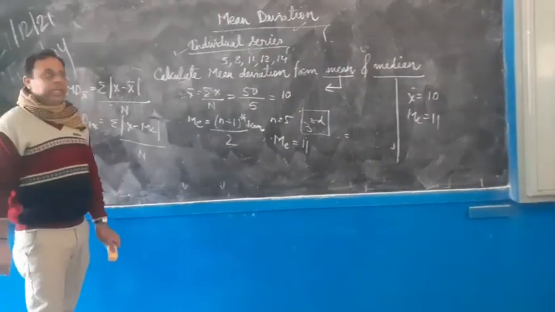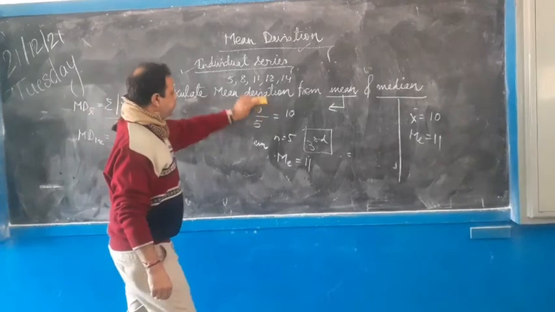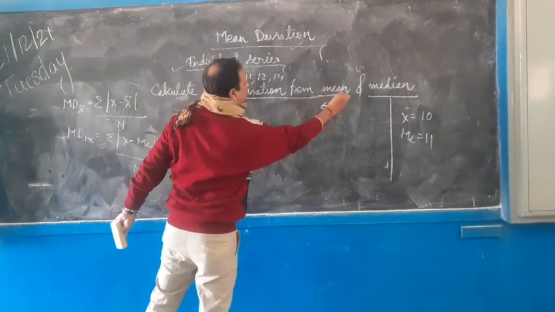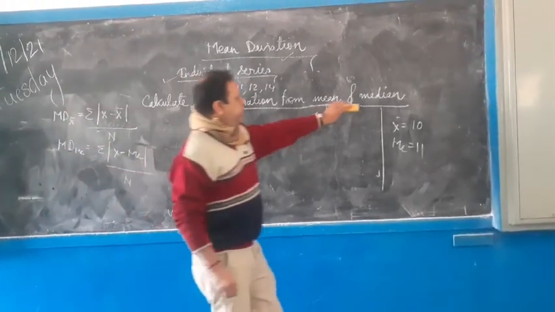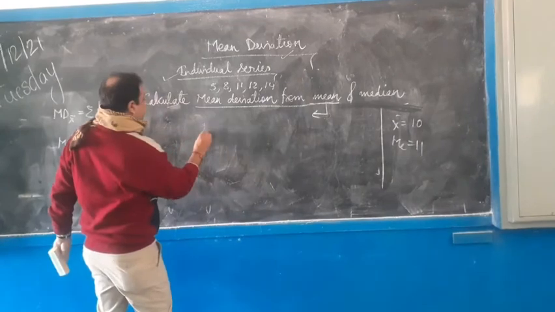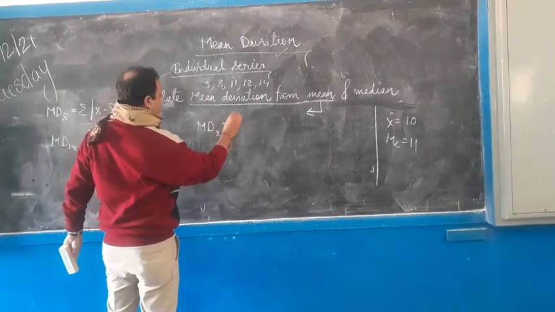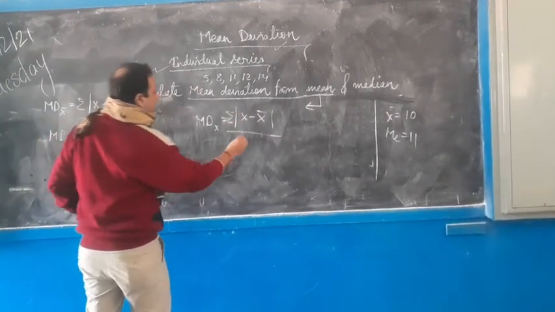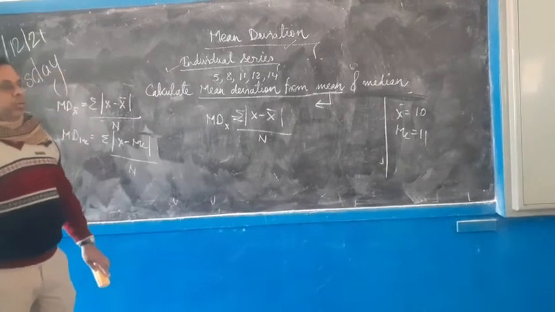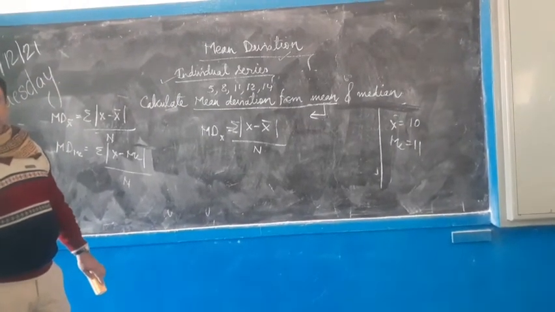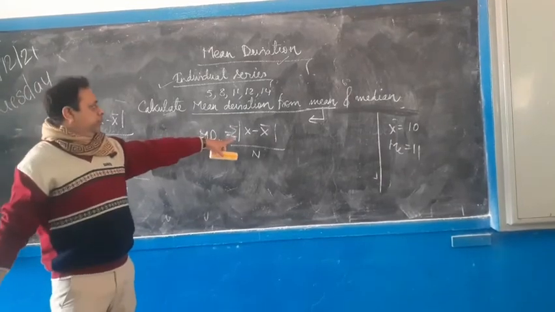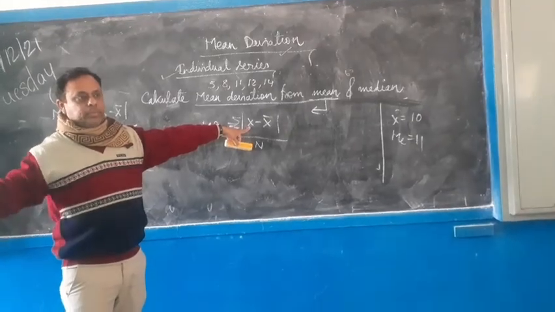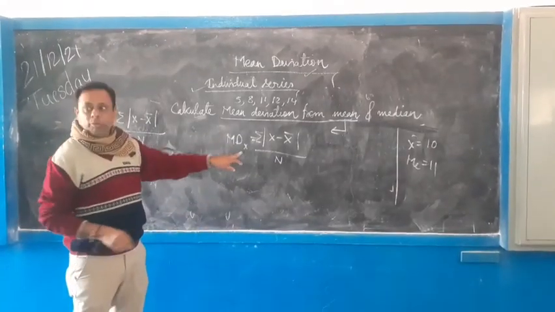Now we will calculate mean deviation from mean first. The formula is summation of mod x minus x bar upon n.